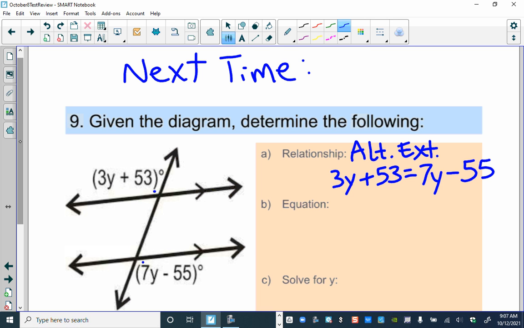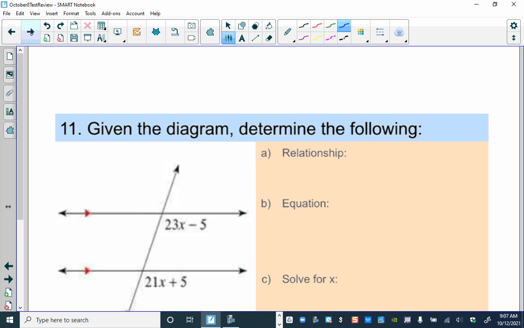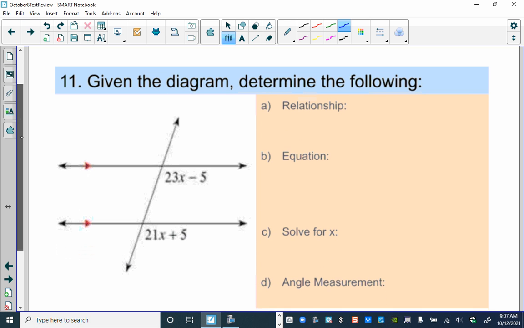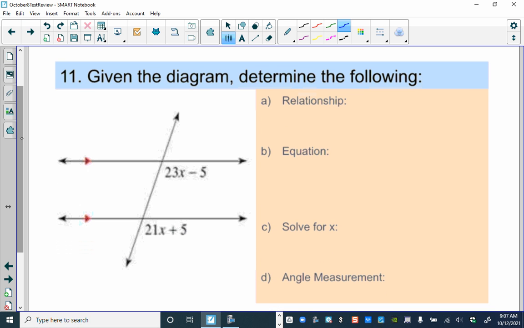So yeah, alternate exterior, you set them equal. We'll go over that one next time. And similarly, this one is also going to be a next time.